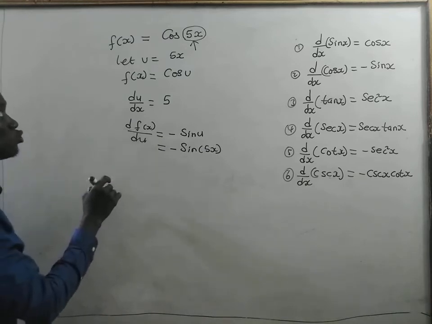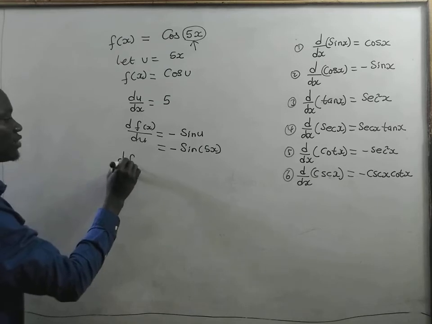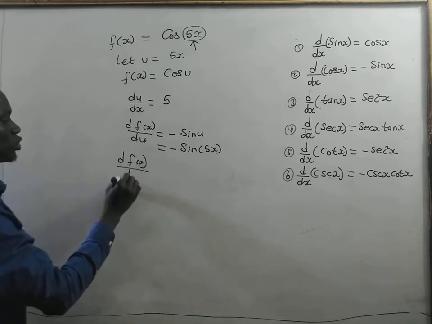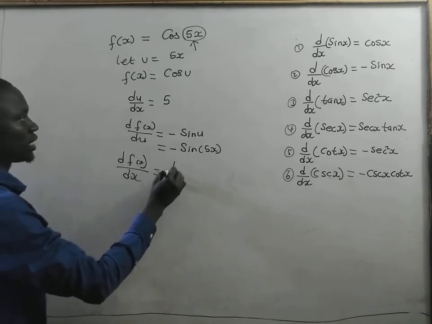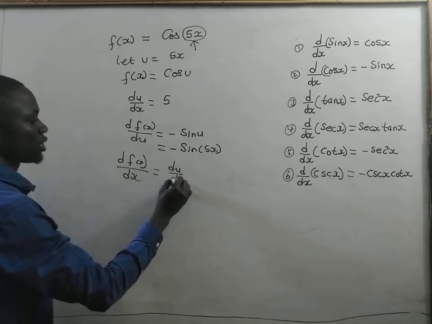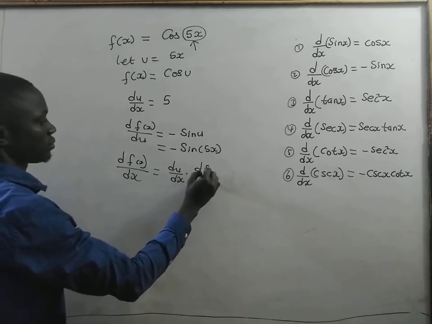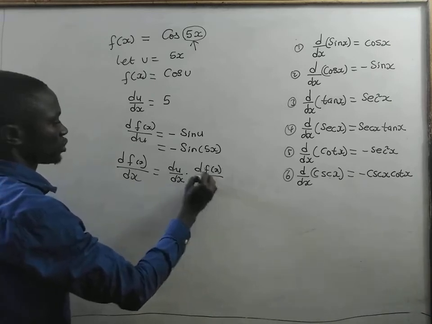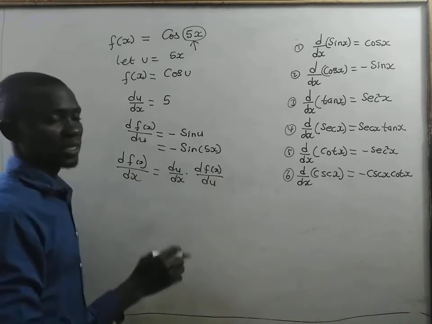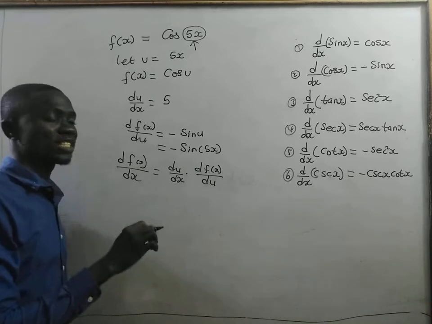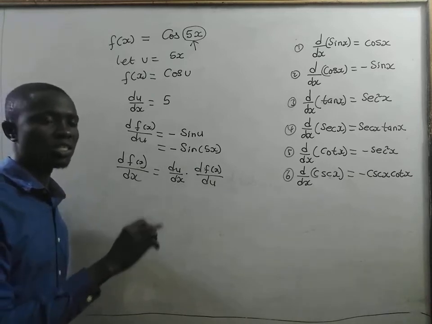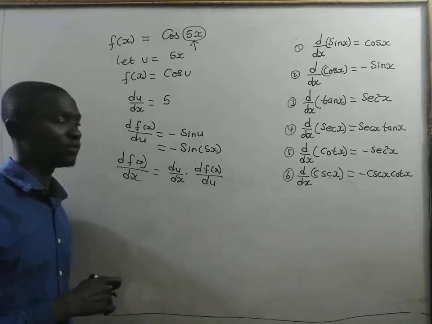So from the chain rule, the derivative of f of x with respect to x is equal to the derivative of u with respect to x times the derivative of f of x with respect to u. That's why I said that if you have not watched my video on the chain rule, check the description for that video.